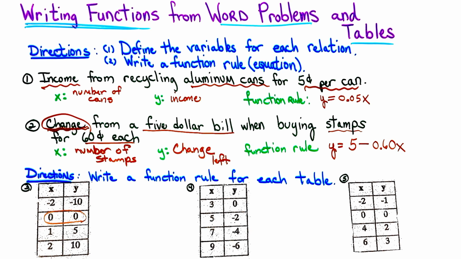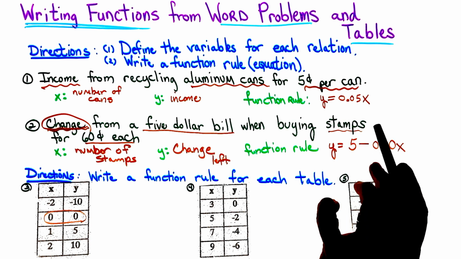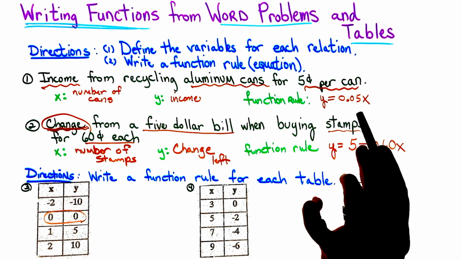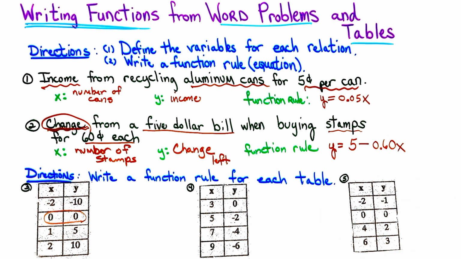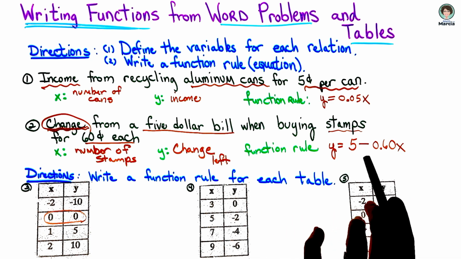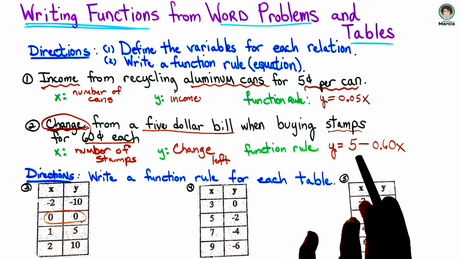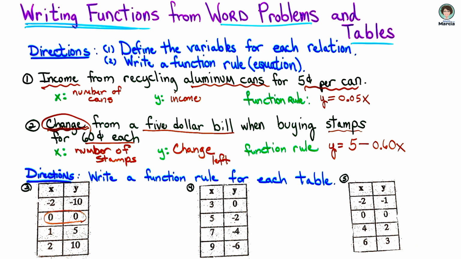If I start off with a 0, 0, I'm going to have a function rule that is going to look something like this. If I don't have a 0, 0, like something I have here, then my function rule is going to be more like the second one.